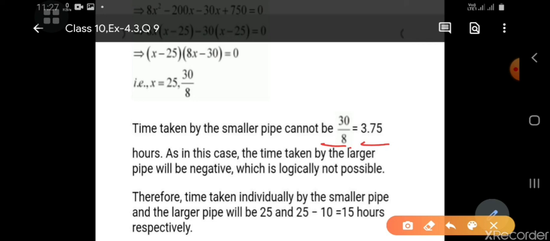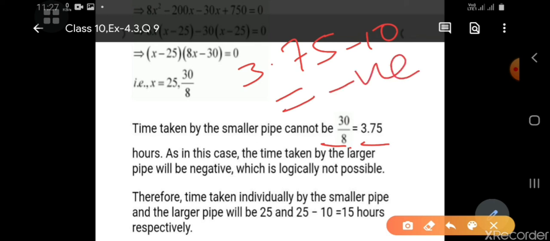Now I will subtract 10 from 3.75. Look here. The value of this will be negative, which is the time taken by the larger pipe. As time cannot be negative, this value cannot be possible. That means this is impossible.